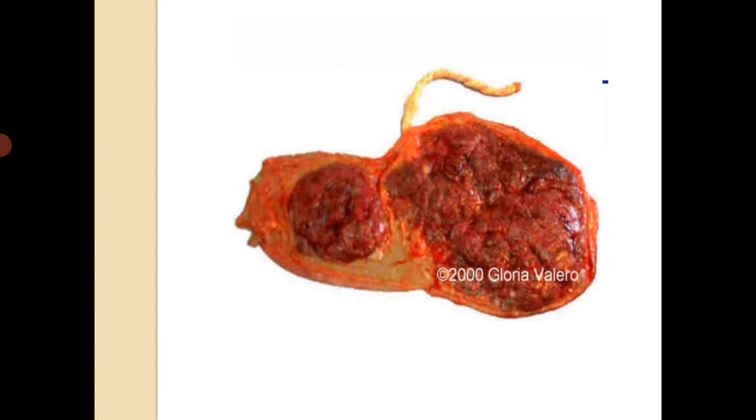So one or two lobes are separated from the main placental mass, but they are contained in the same membrane. This condition is known as placenta succenturiata.